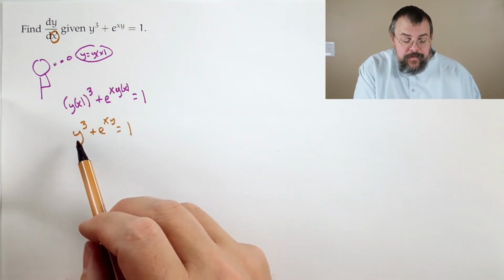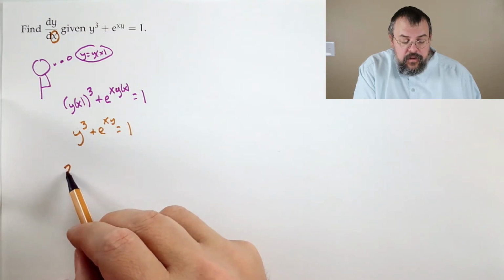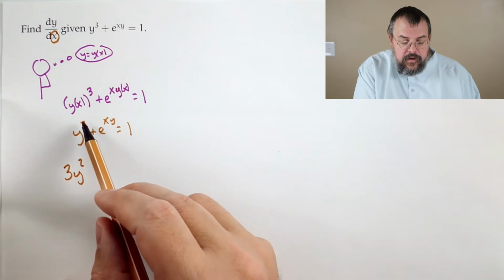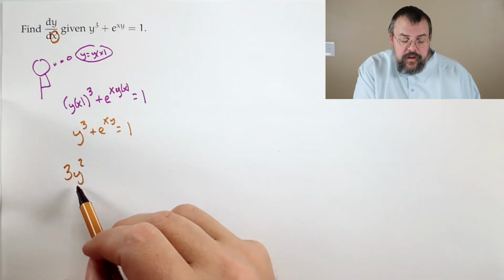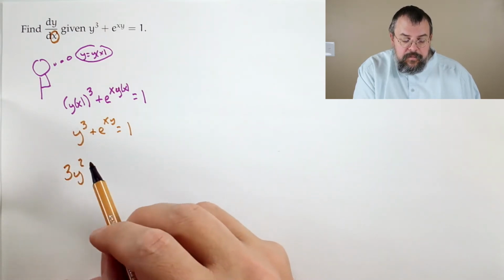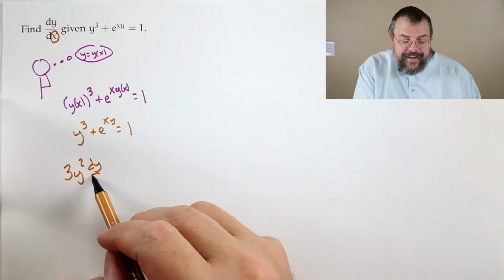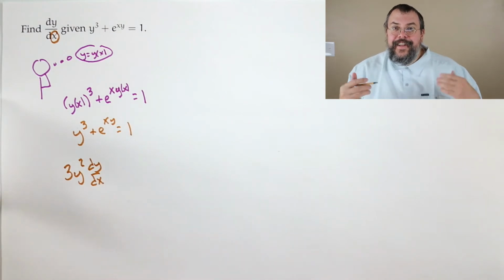So chain rule, the derivative of y cubed, 3y squared. 3 comes down, y to the 1 less power, times the derivative of the inside. The derivative of y with respect to x is, that's right, dy dx. See, it's very easy to remember that.